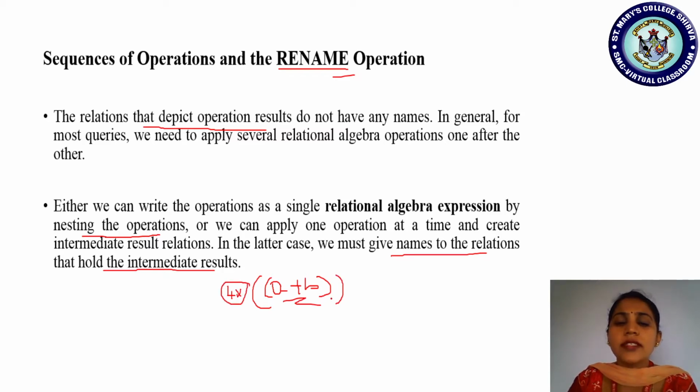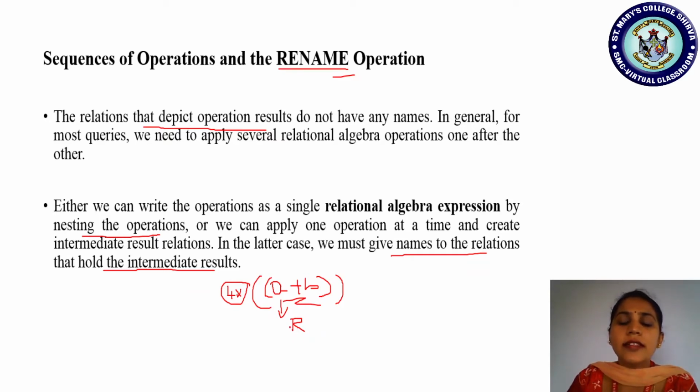The result should be multiplied by 4. Are you all understanding? When I first perform the innermost operation, after doing the addition, some result will be given, right? So that addition result should be held in some variable r. Are you all understanding?